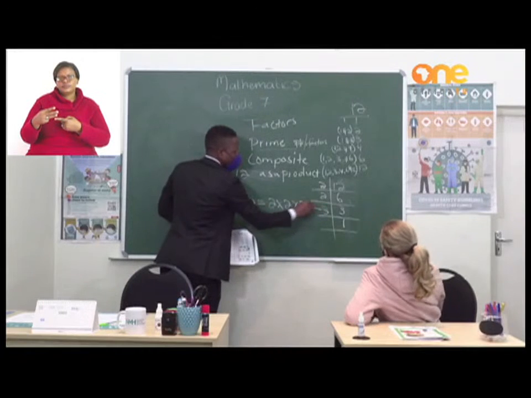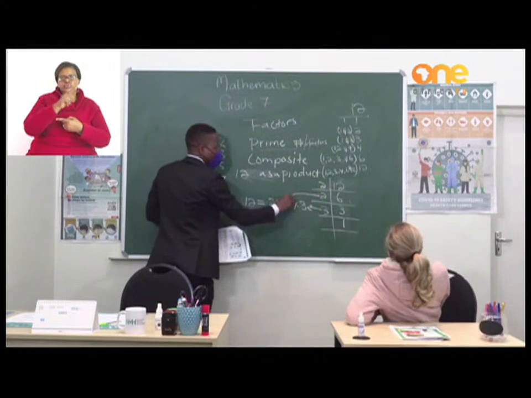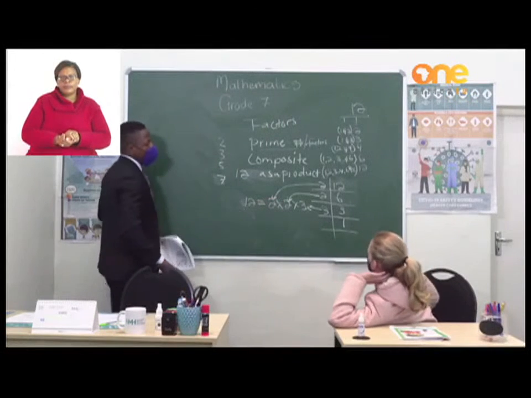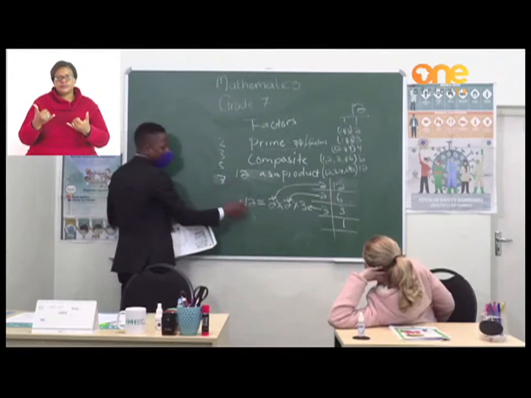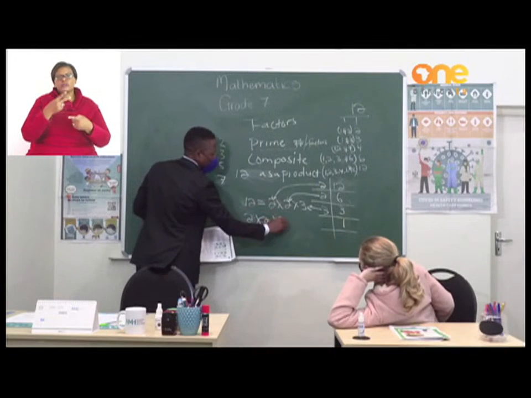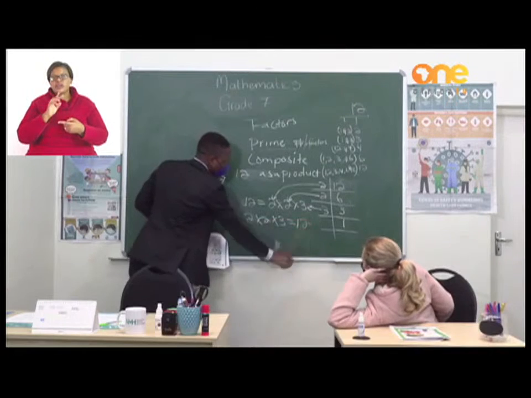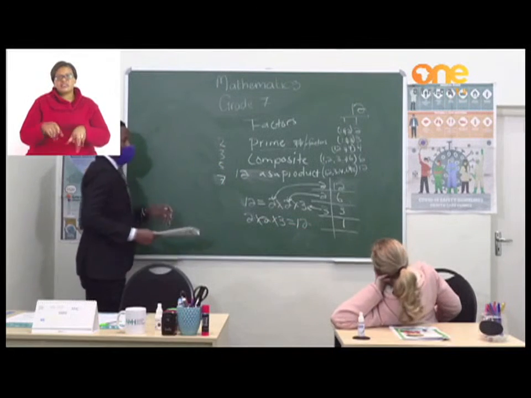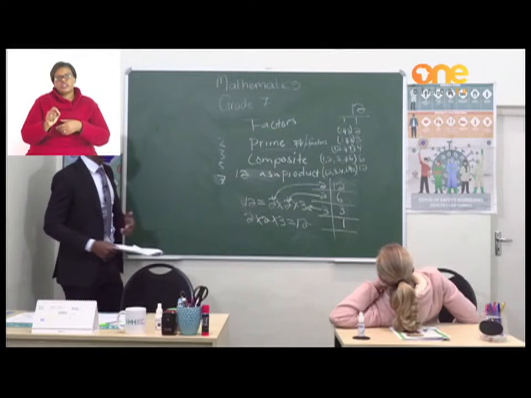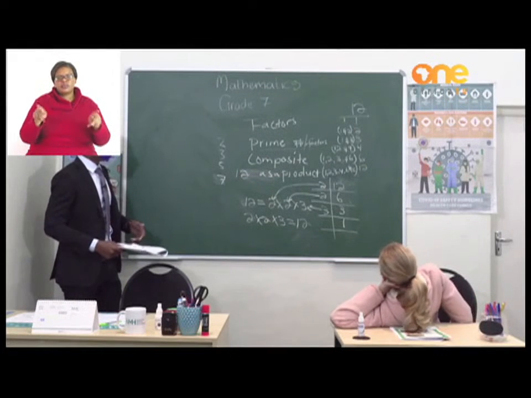So this came from here, there. In that way, you have answered the question, or you can write 2 times 2 times 3 gives you 12. Still the same. And that is how you write a number as a product of its prime factors.